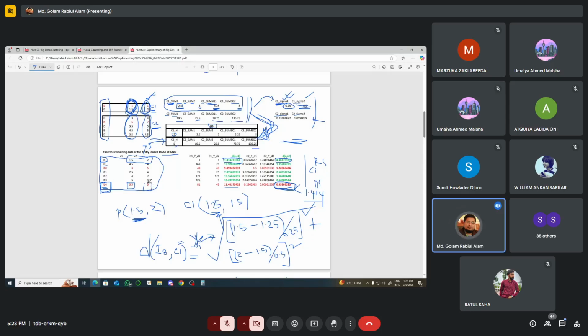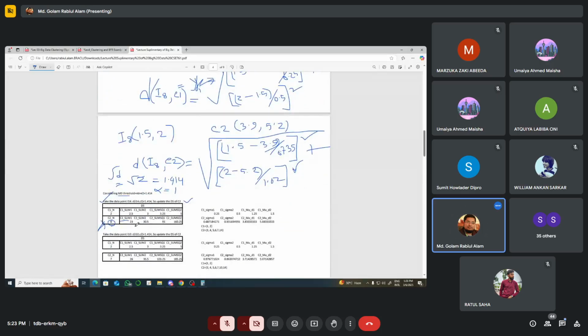Okay, so we have to sum in the first dimension, that is 3.5. Previously the C2 sum was 19.5, so 19.5 plus 3.5 is 23. And we can see here it is 23.